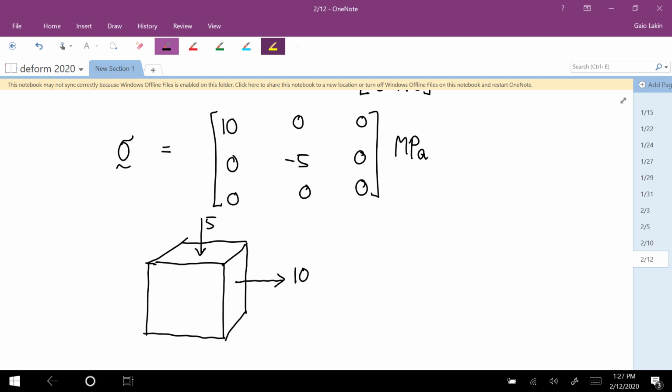So let's see. So this is x, this is y. That means positive z is underneath. Okay. So what I'm trying to show here is this stress cube still works for the other principal stress, just the different faces have different labels.